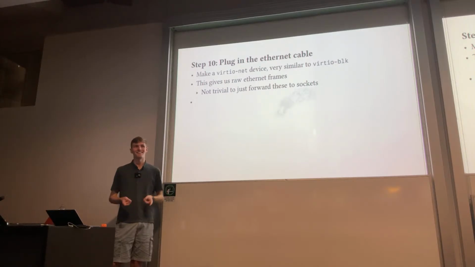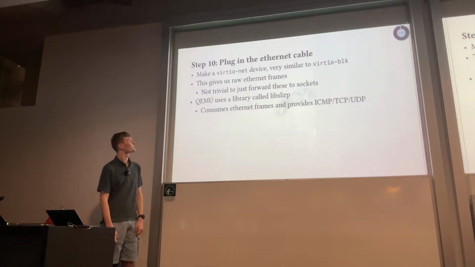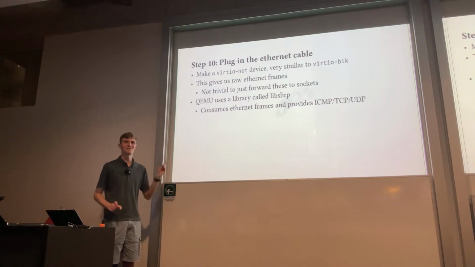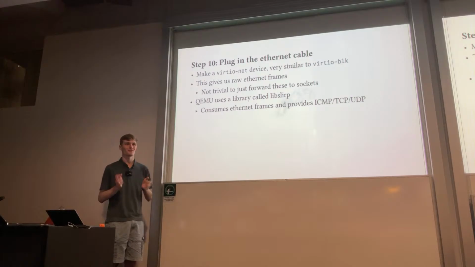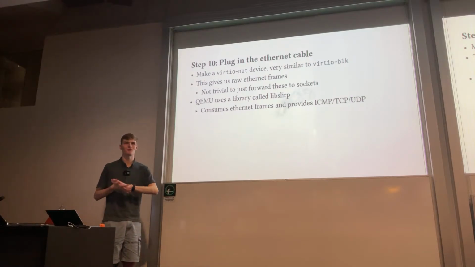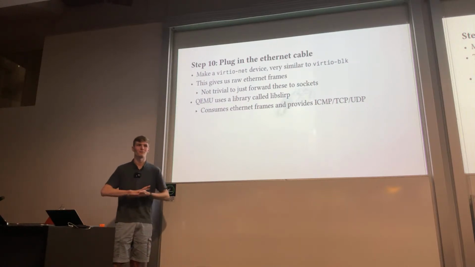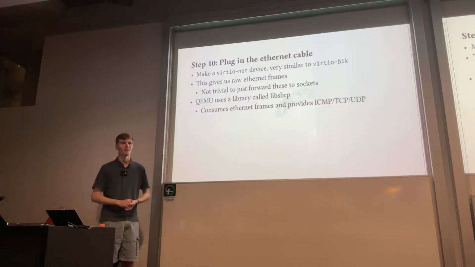So that sounds fun to do one day, but that one day is not today. So we're going to look at what QEMU does. It uses a library built for it called libslirp, which does all that hard work of translating Ethernet frames into ICMP and TCP packets, which it then sends over the internet like a normal Linux application.